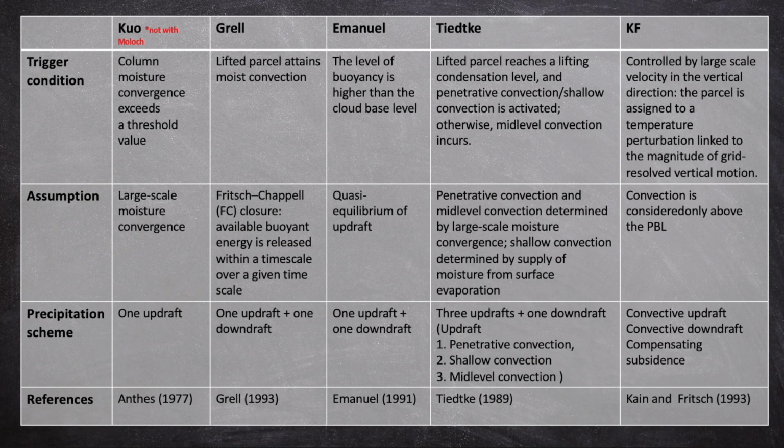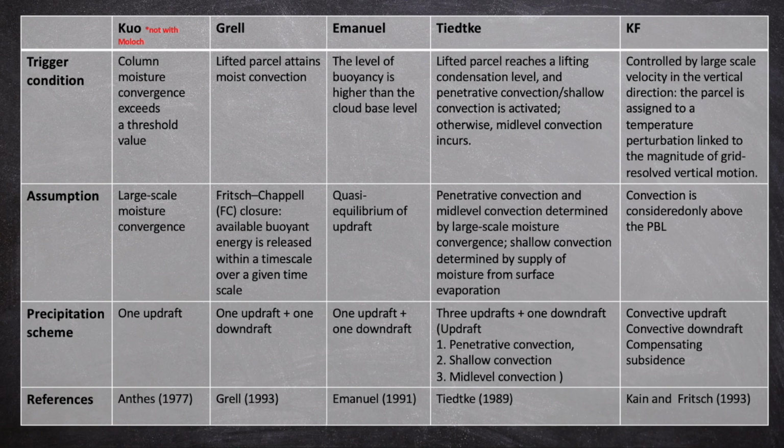Air is allowed to mix with the air from the environment, and the entrainment and detrainment rates are a function of the vertical gradients of buoyancy in the clouds. With respect to the other schemes, the Emanuel scheme offers a more physical representation of convection, as it includes a formulation of the autoconversion of cloud water into precipitation inside the clouds.